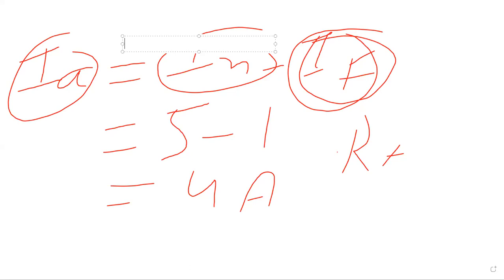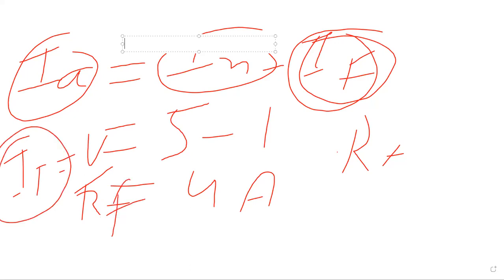When we calculated IF, that is the current from the resistor. We use the formula IF equal to V upon RF, correct? So this is the current from the resistor. We call it field current normally. Guys, clear or no?